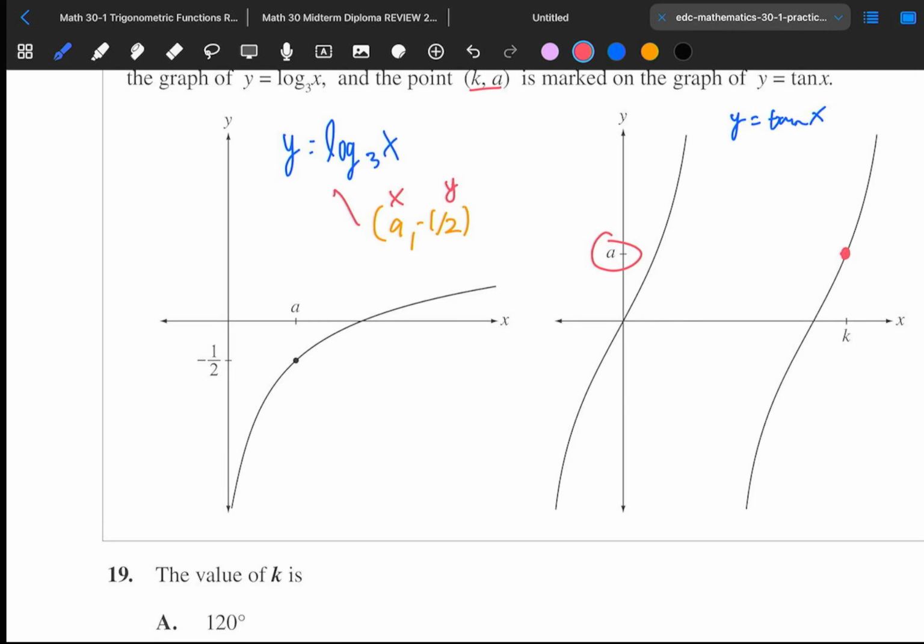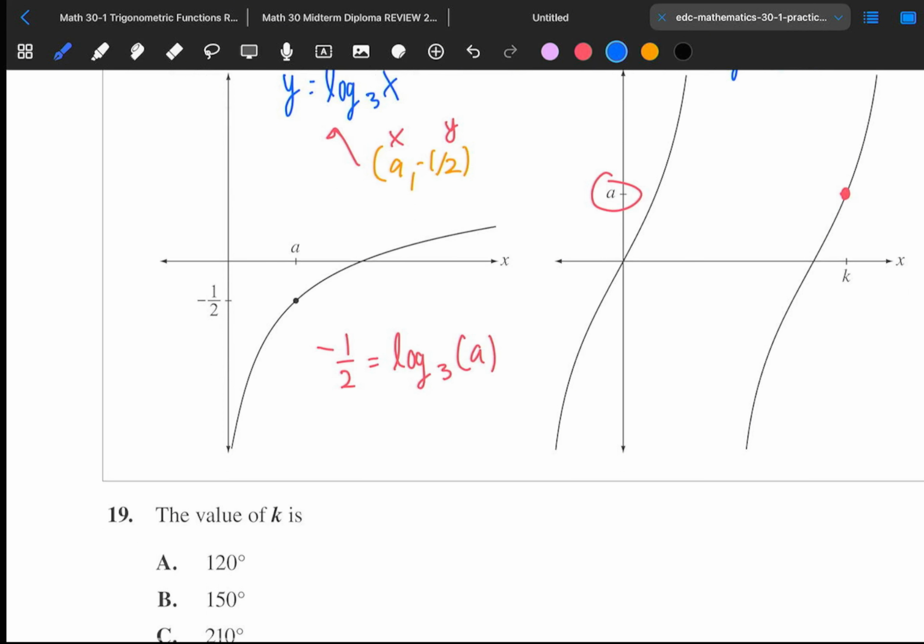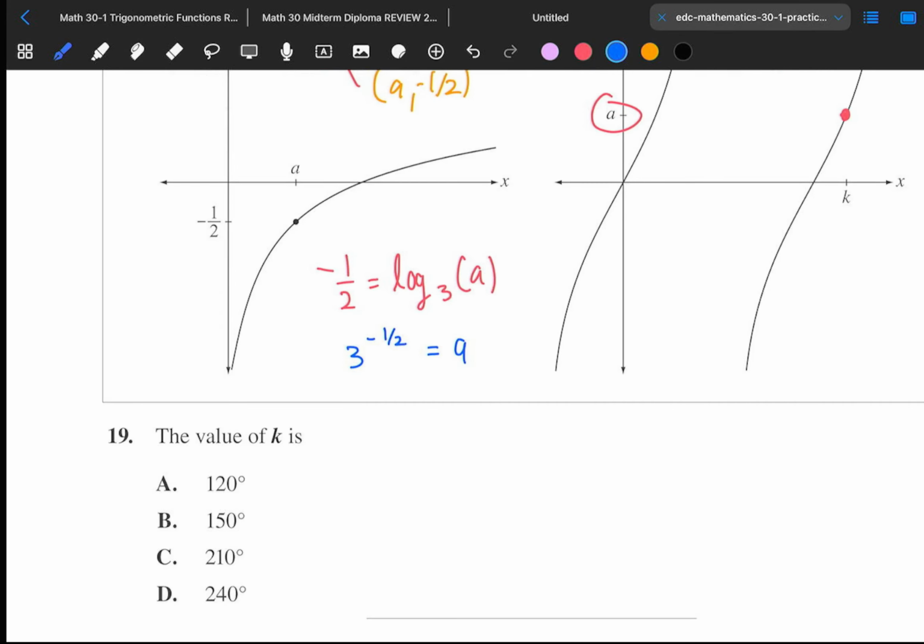Based off our equation, we can plug this in here. So we get y is equal to negative 1/2, which is equal to log base 3 of a. If you rearrange this logarithm, you're going to get 3 to the negative 1/2 is equal to a. So basically 1 over square root 3 is equal to a.